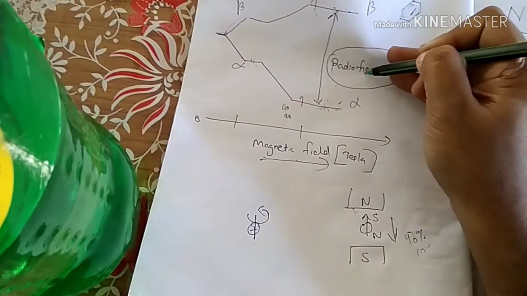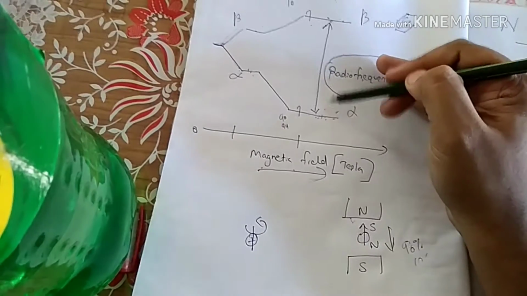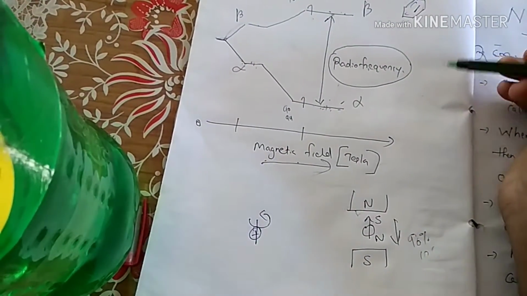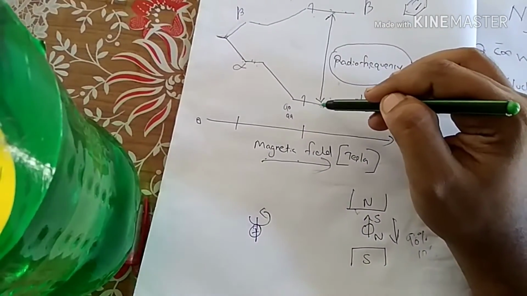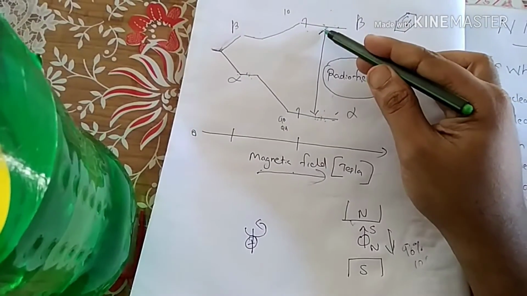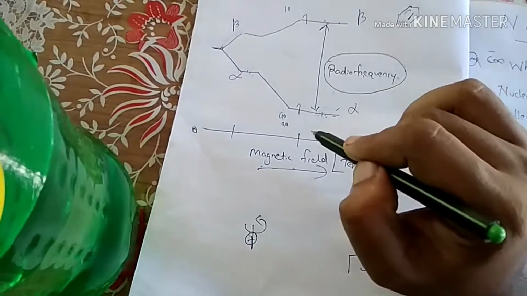If the energy of the radio frequency is equal to this energy difference, then only the nucleus will absorb this radio frequency and go from this spin state to this spin state.